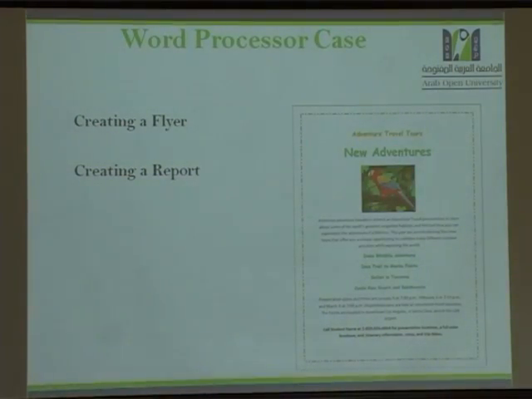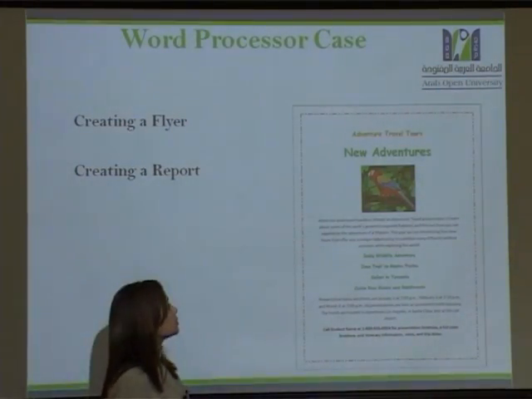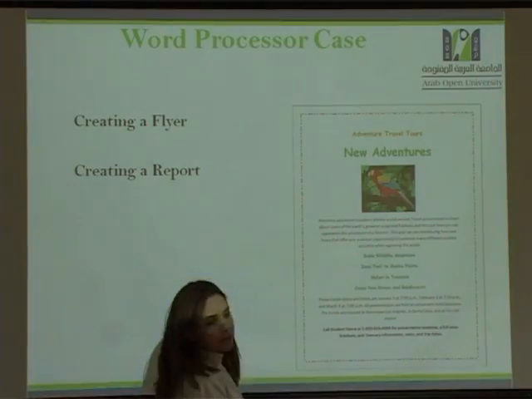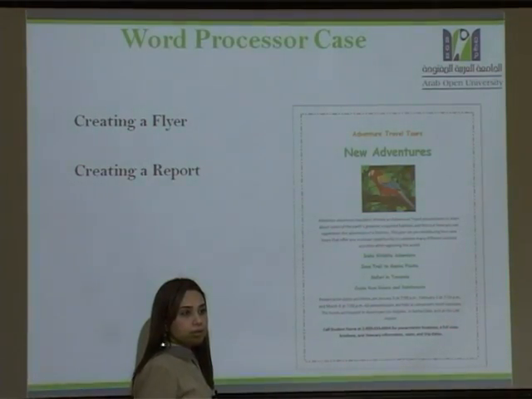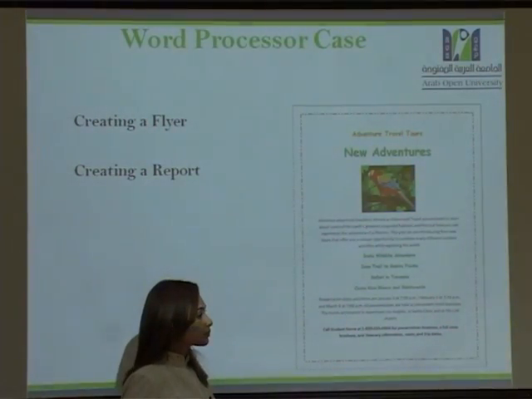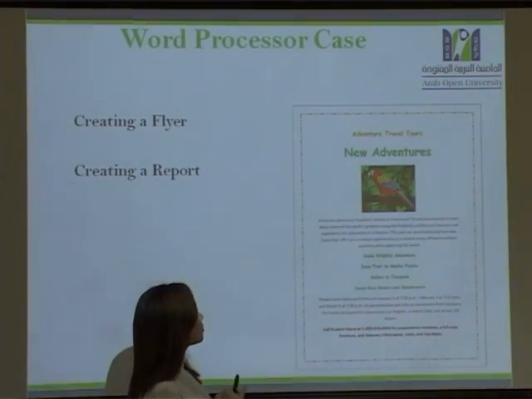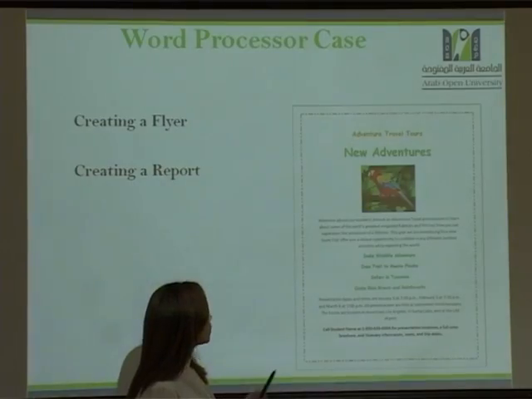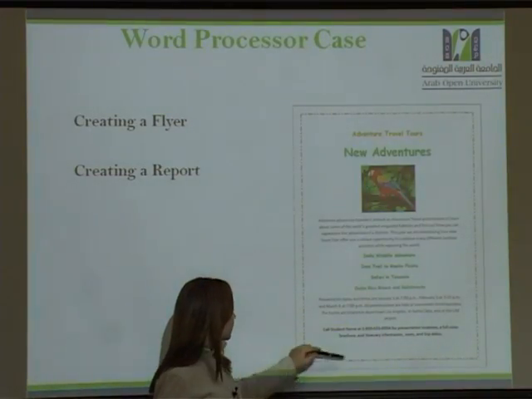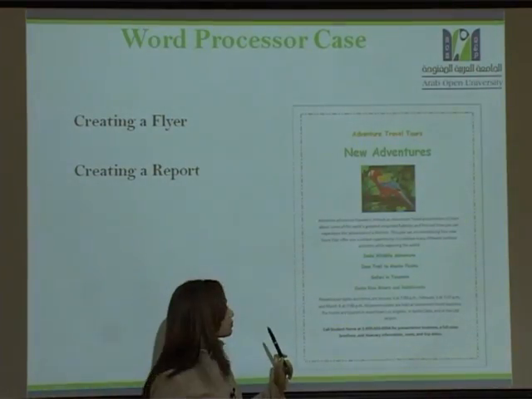Okay, creating a flyer. So when we are creating a flyer or a report, we search for what the applied features are. We insert a picture, and then a border, exactly. We have a page border.